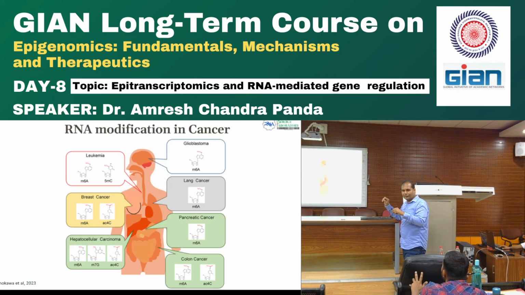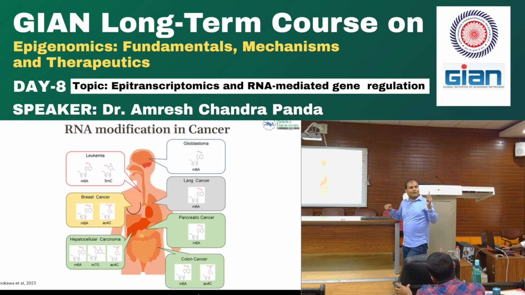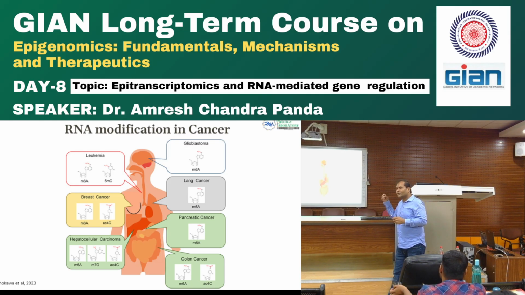Okay, and in cancer there are tons of papers on modification, and in all kinds of cancer RNA modification has been found, mostly m6A and this 5mC. It's not that other modifications are not there, just that you don't have a detection technique or the antibody, so other modifications are not well studied. Maybe when we have a proper technique or antibody for other modifications, you will see more papers.